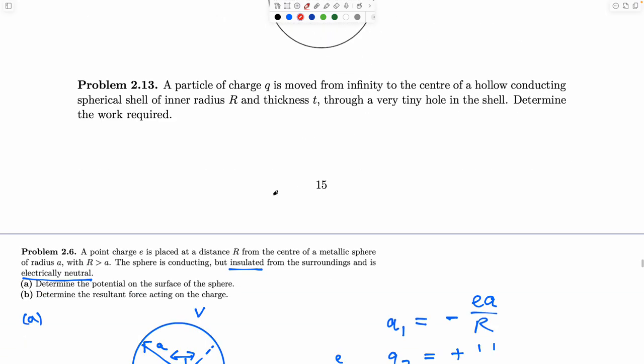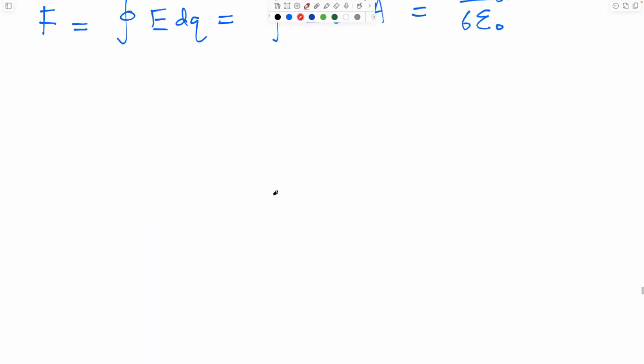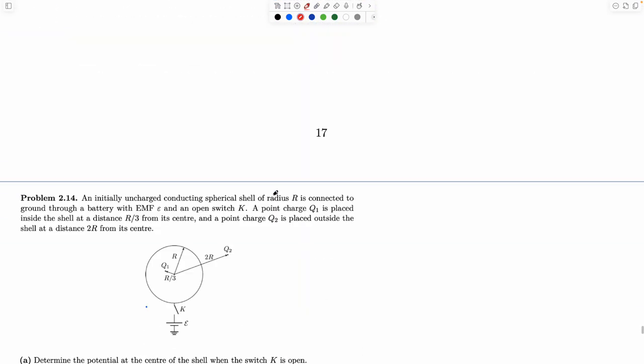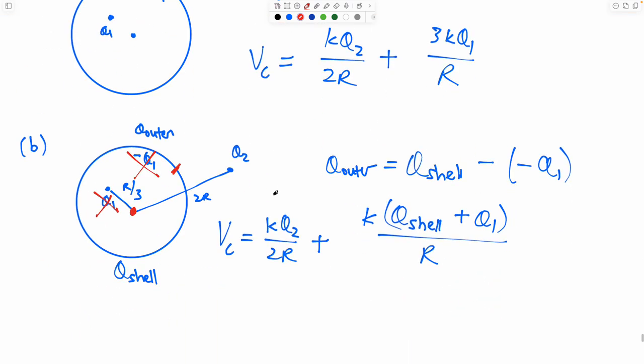So if the field inside is zero, it means that the electric potential difference between the center and the shell is also zero due to Q2 and the outer surface charge. Do you agree? So V shell is also equal to this, if it was just Q outer and Q2. Do you agree?